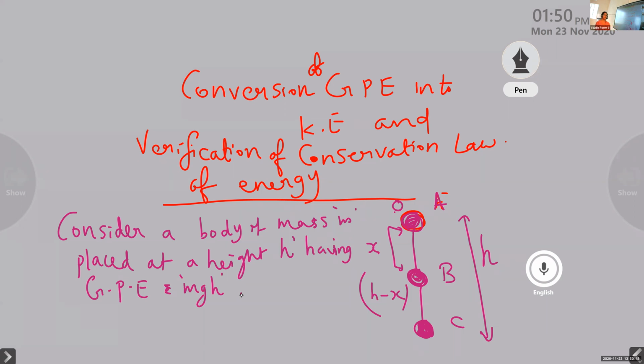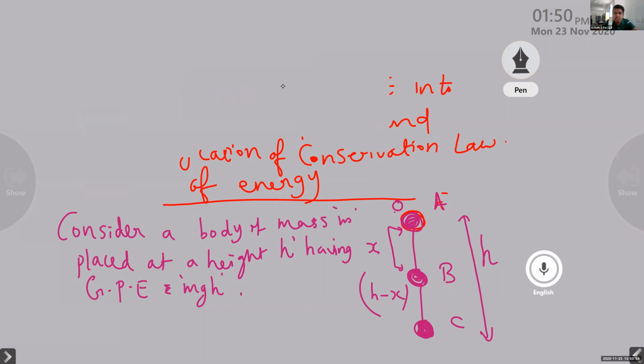Thus, by conservation law of energy, can you say again? When the body is falling from height h, gravitational potential energy is converting into kinetic energy.